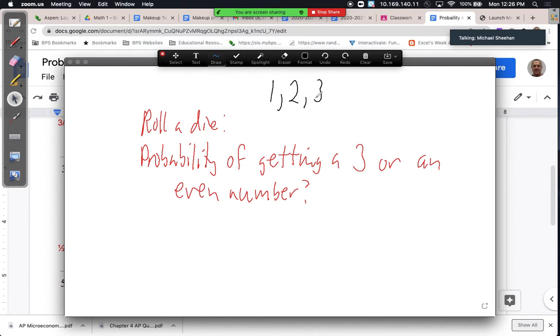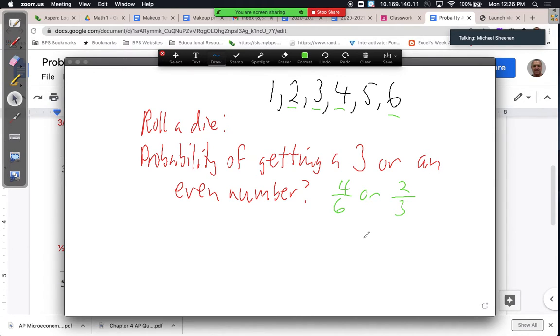A 1, 2, 3, 4, a 5, or a 6. So what are all the possible things I'm looking for here? I want either a 3 or an even number. 1, I don't want. Even, I want that. 3, that's okay with me. Here's an even. 5 isn't 3 and it's not even. 6. I've got a 4 out of 6 chance, which can be reduced to 2/3.